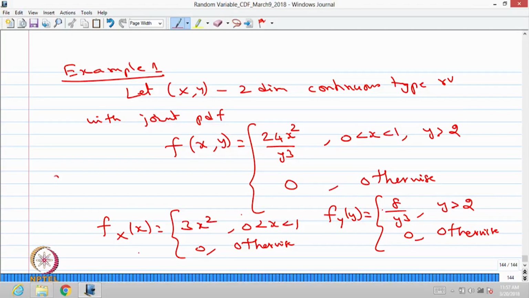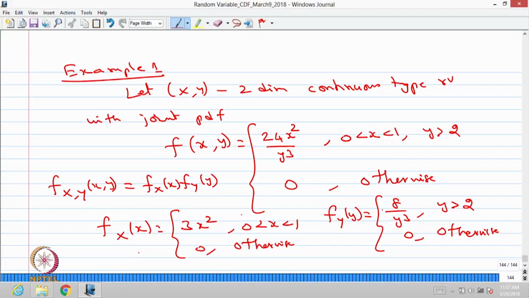In this example, the joint probability density function is same as the product of probability density functions of random variables x comma y, because it is 3 times x square, the other one is 8 divided by y cube.